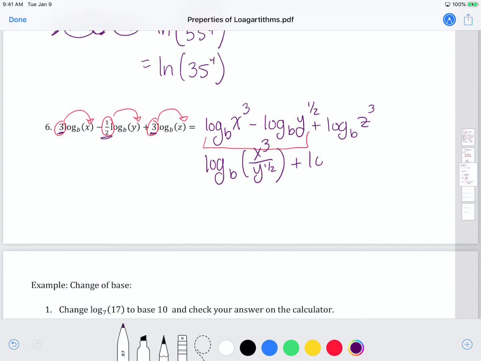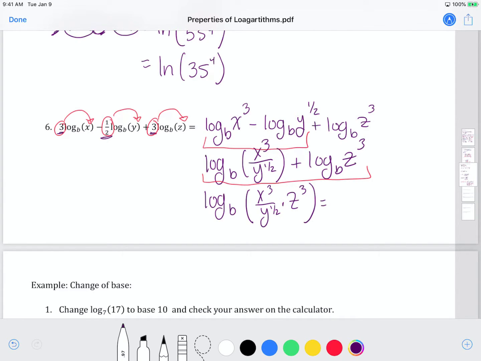And then I'll bring down the log base b of z to the 3rd. Now I have these two logs that I need to combine. That is being combined with addition, so when I combine it into one log, I'm going to use the product rule and change it to multiplication. So I have log base b of x to the 3rd over y to the 1/2 times z to the 3rd.